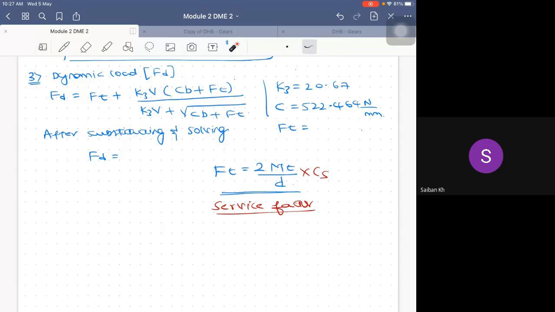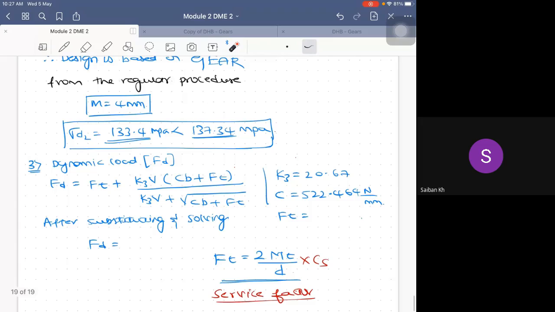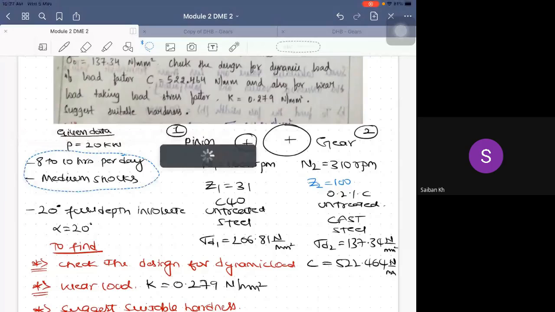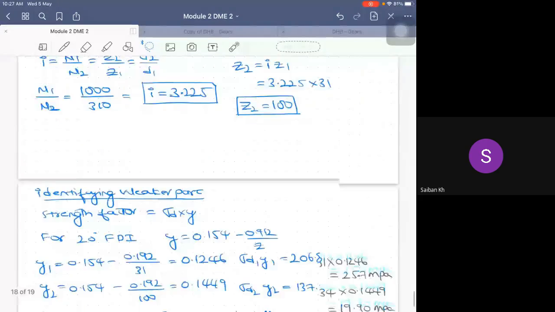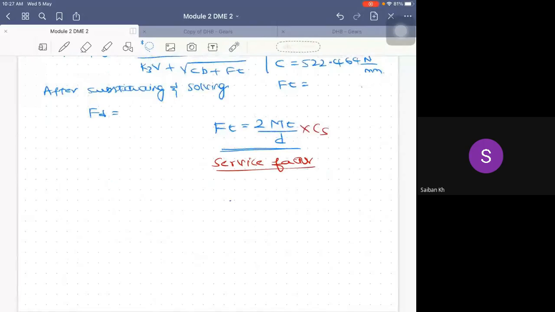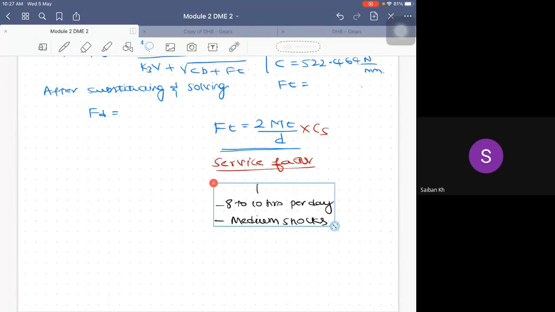So let us look into it. He has said this particular sentence here, right? 8 to 10 hours per day, and it experiences medium shocks, he says. That is nothing but the hint of the service conditions.